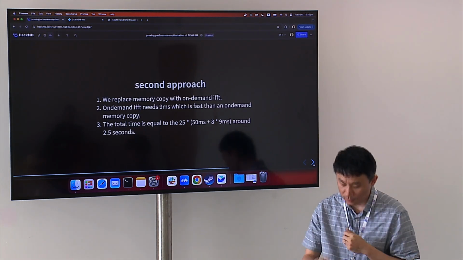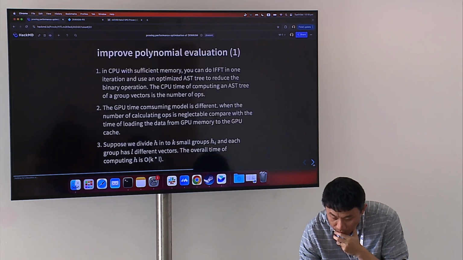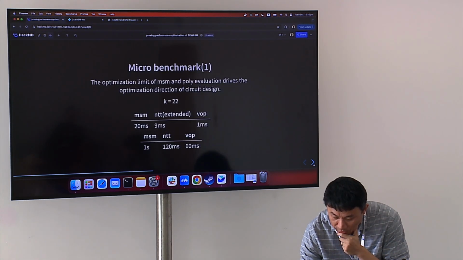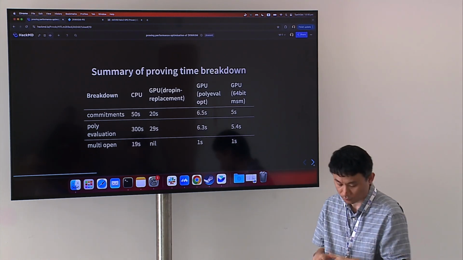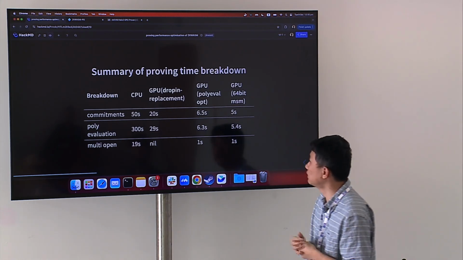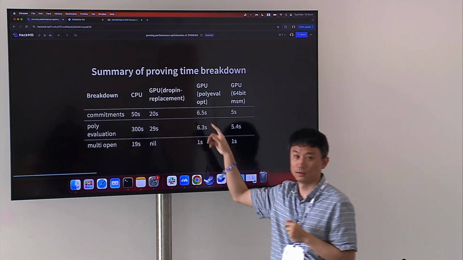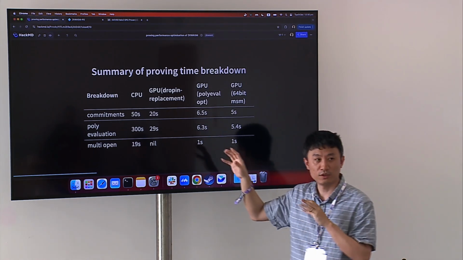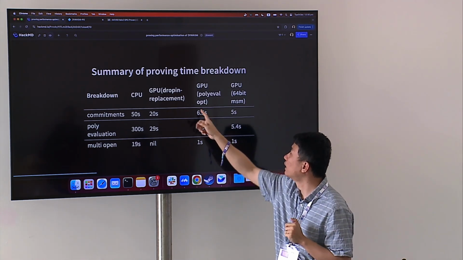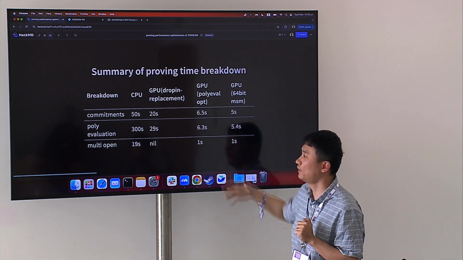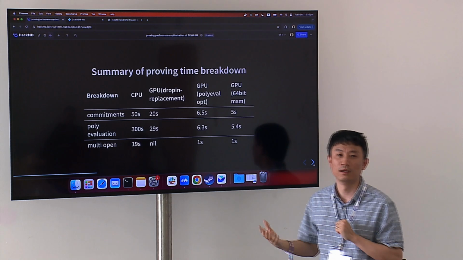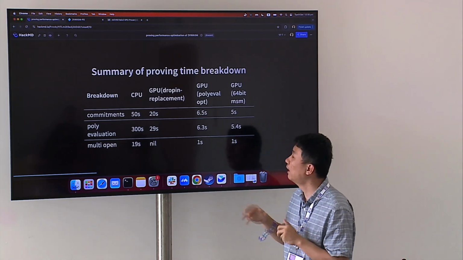There's another optimization that we can do. At the beginning we said that when doing commitment, this time cannot be saved because initially we need to do this, and the GPU is using, I think, the fairly fast ICICLE library.